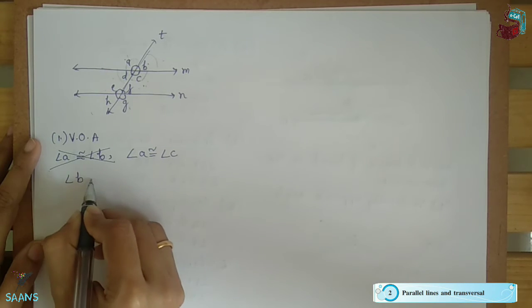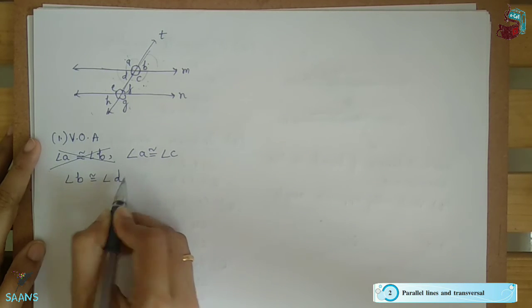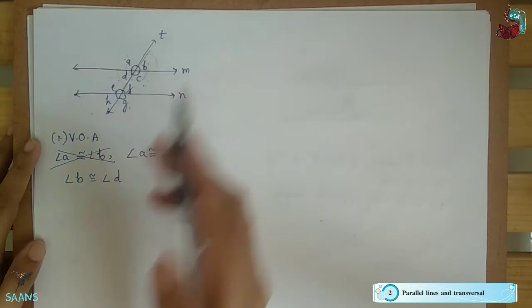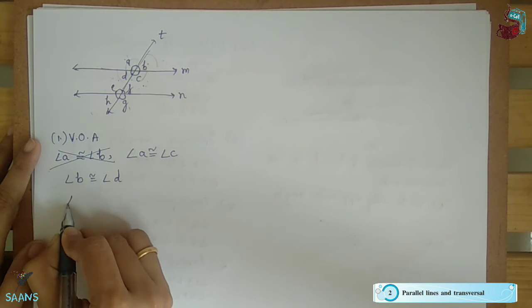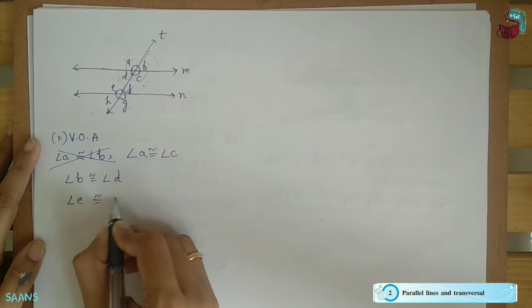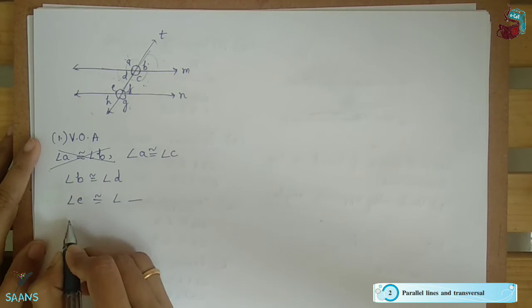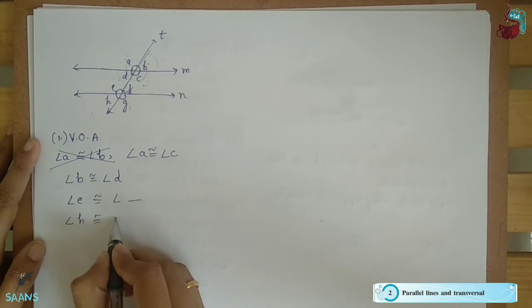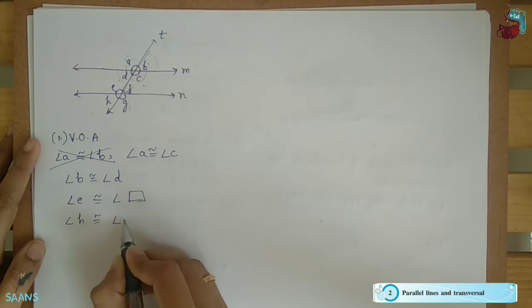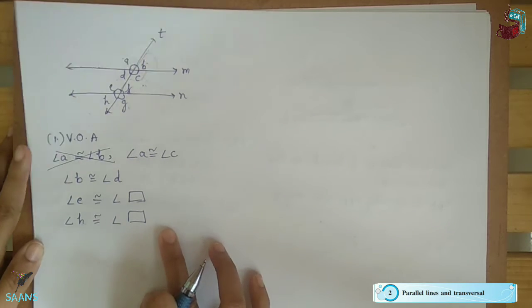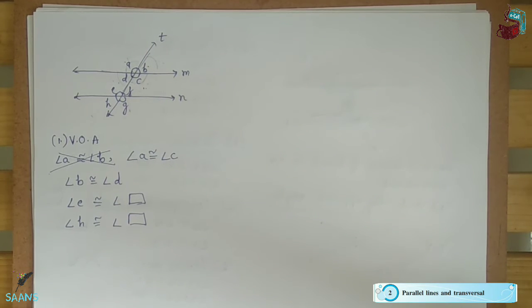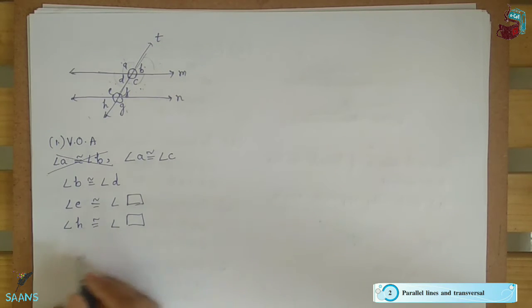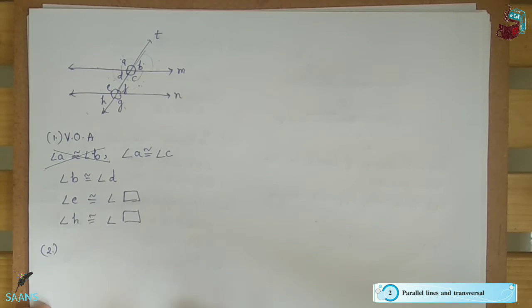Angle B is congruent to angle D. Okay, vertically opposite. You will fill in the blank for me. Angle E is congruent to angle dash and angle H is congruent to angle dash. So you can put it in the comment section, or you can take a picture and put it in the comment section. Okay, vertically opposite angles we are done.